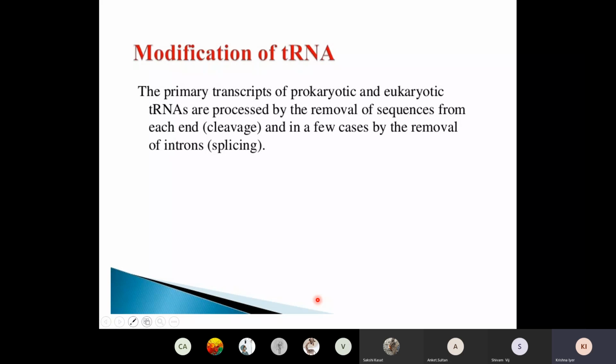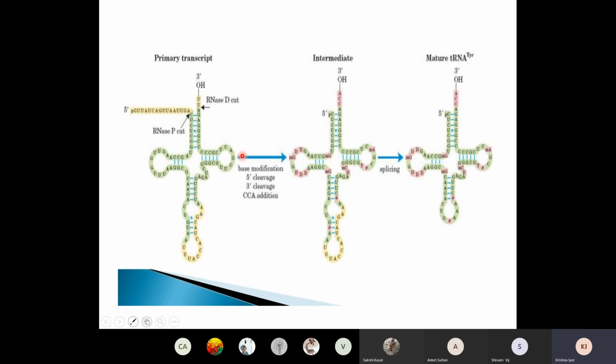Okay. Now, what are some of the changes that are seen with respect to tRNA, both in prokaryotes and eukaryotes? Here, some of the things that happen is again removal of sequences from each end and removal of sequences from in between, what is called splicing, as you see in mRNA. Okay, so here is an example. I have a primary transcript.